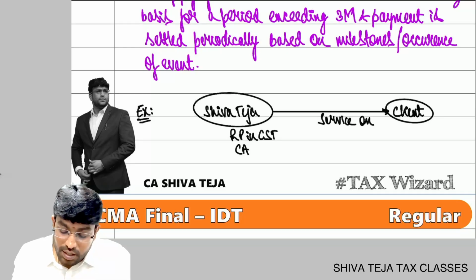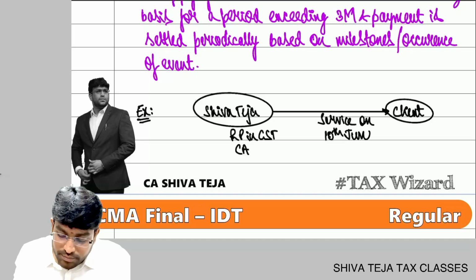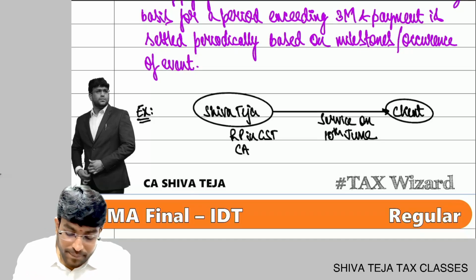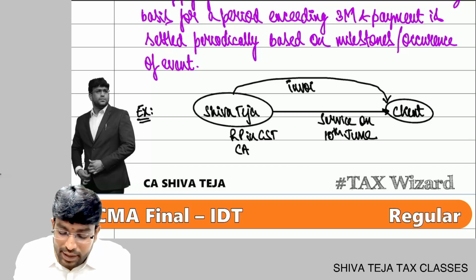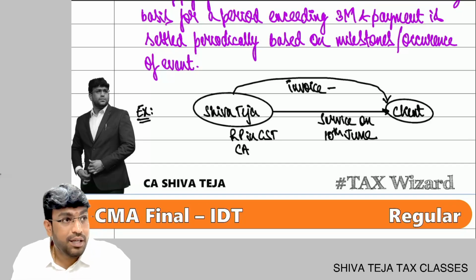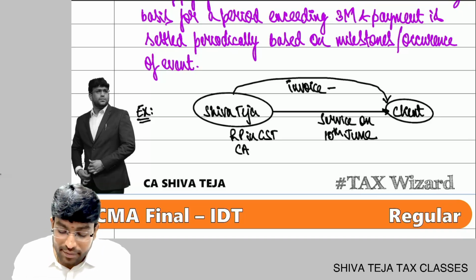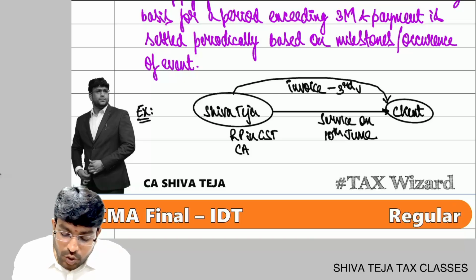Service is given on, let us say, 10th June. And I gave invoice to my client on 3rd July.